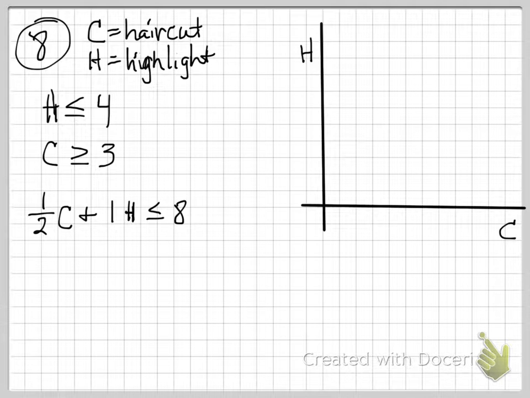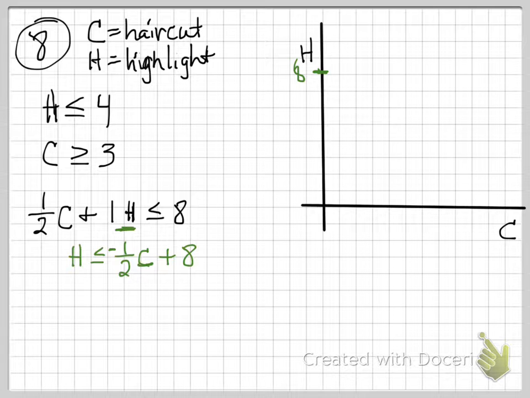And I'm going to solve this equation for my H value. So I'm going to subtract the 1/2 C to the other side. So I end up with H less than or equal to 1/2, and it's negative C plus 8. Now this one doesn't have as big a number, so I can count by ones. My y-axis, I'm going to count up 8. So 1, 2, 3, 4, 5, 6, 7, 8.